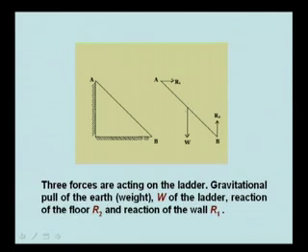One is its own weight due to gravity. So, W is the force passing through the center of gravity. Then you have the reaction of the floor, that is R2, and the reaction of the wall, R1. These three forces are acting on the ladder. This is a free body diagram of the complete ladder.